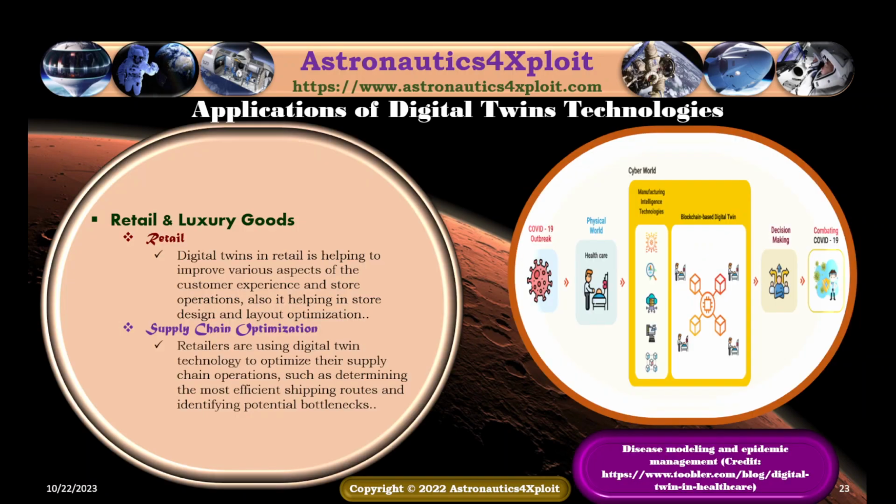In retail and luxury goods, digital twins are helping to improve various aspects of the customer experience and store operations. Retailers are using digital twin technology to optimize their supply chain operations, such as determining the most efficient shipping routes and identifying potential bottlenecks. Disease modeling and epidemic management using digital twin is shown in this picture.